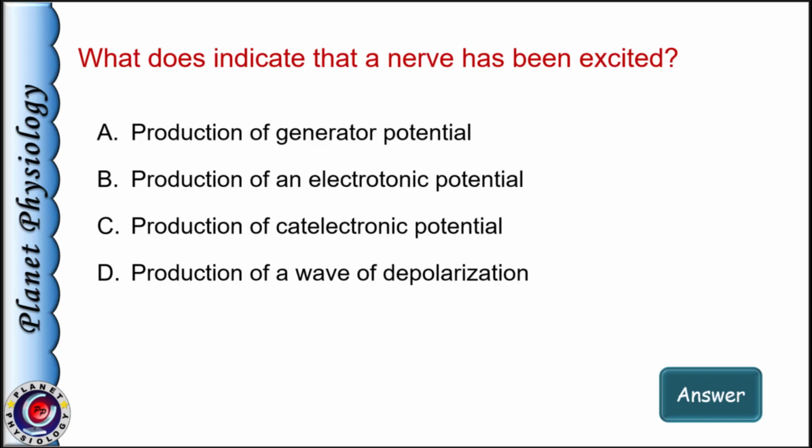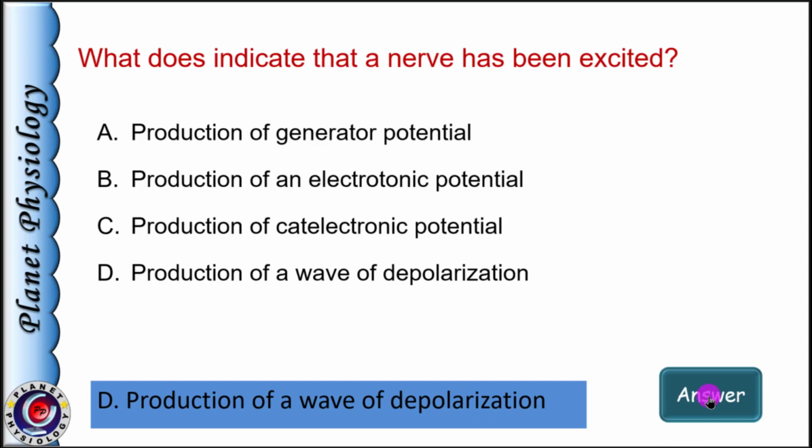So whenever we say that the nerve is stimulated or excited, it means an action potential is generated in it. The generator potentials, electrotonic potentials, catelectrotonic potentials are all local potentials and not action potentials. Wave of depolarization is nothing but development of action potential, and hence option D is the correct answer.